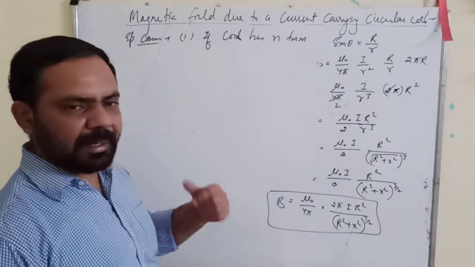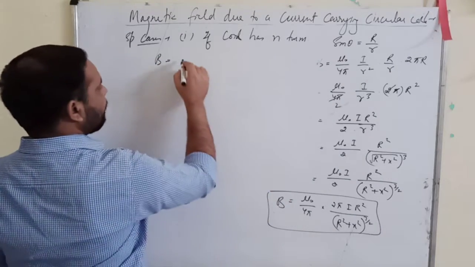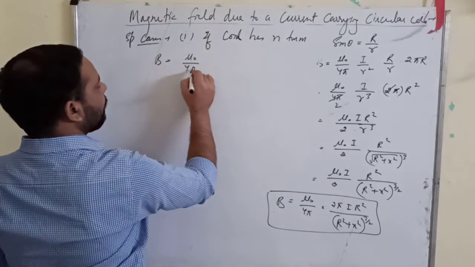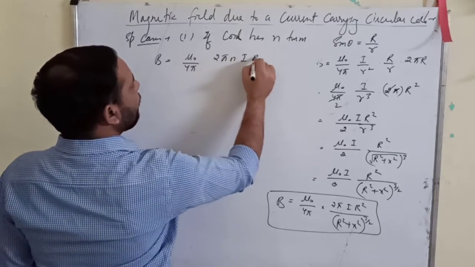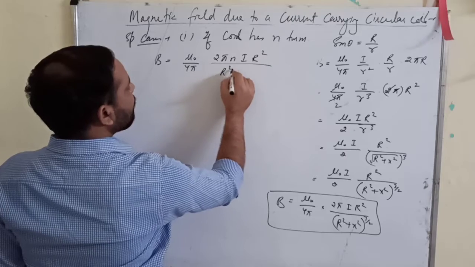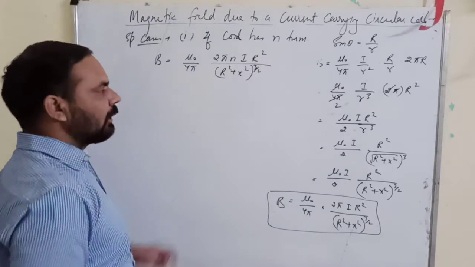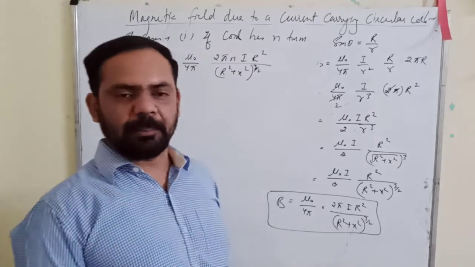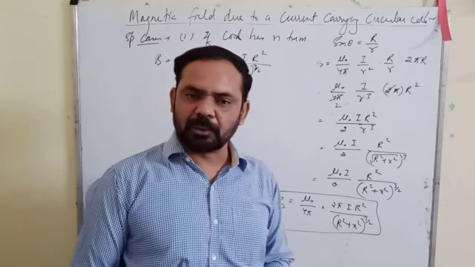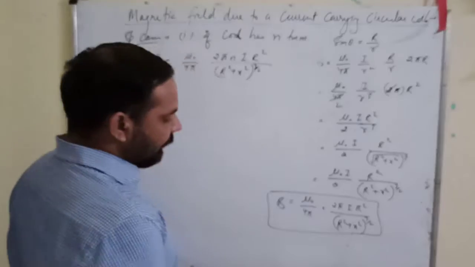Suppose the coil has n turns, then the formula will become n times this, mu naught upon 4 pi, then 2 pi n I r square upon r square plus x square raised to the power 3 by 2. If the coil has n turns, then the magnetic field will be n times the magnetic field produced by a single turn of the coil.